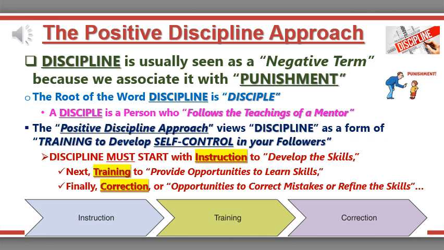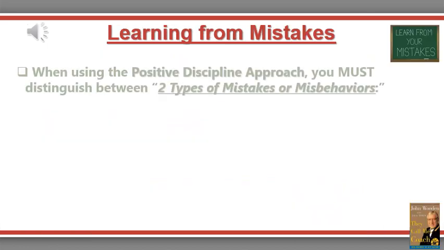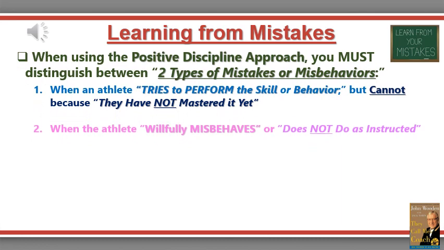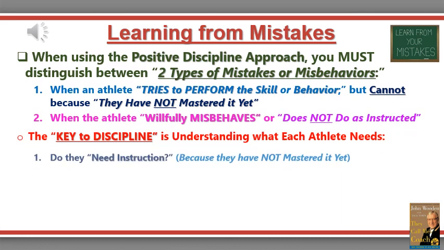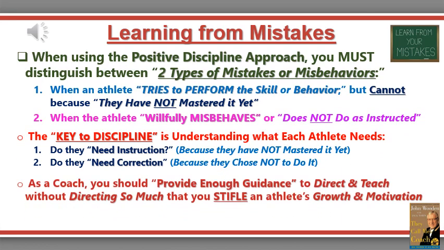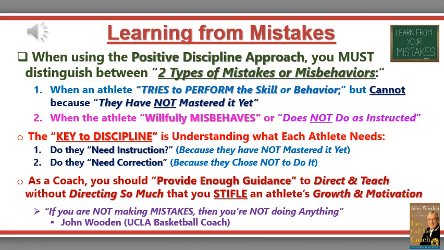Hopefully it doesn't get to punishment. It might just be a consequence. So consequences don't always have to be punishment. So when people make mistakes, that's where the correction comes in.